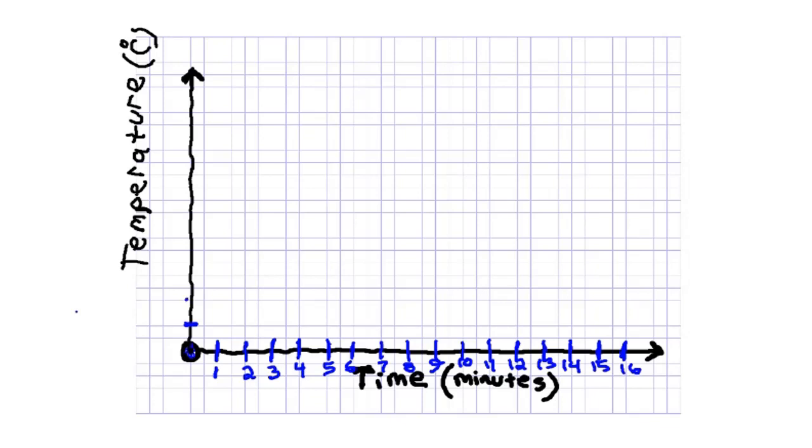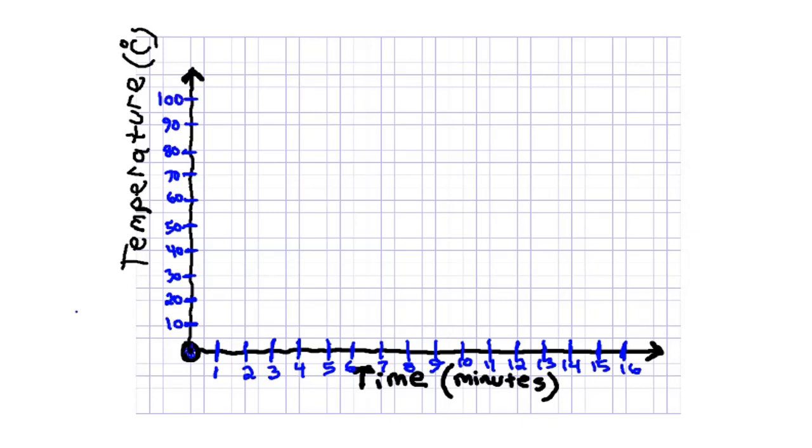So 10, 20, 30, 40, 50, 60, 70, 80, 90, 100. So let's write this in. We got 10 degrees Celsius, 20 degrees Celsius, 30 degrees Celsius, and so on.